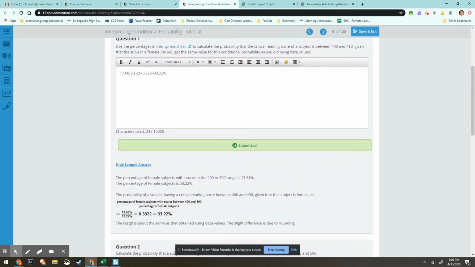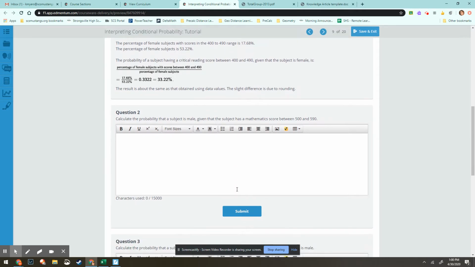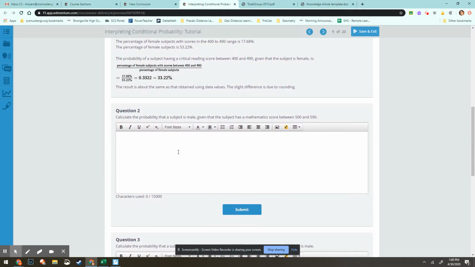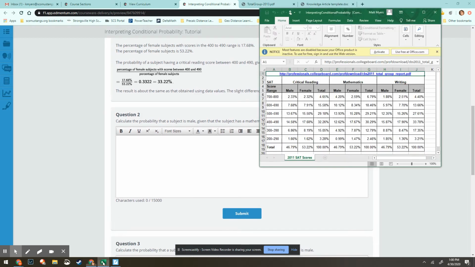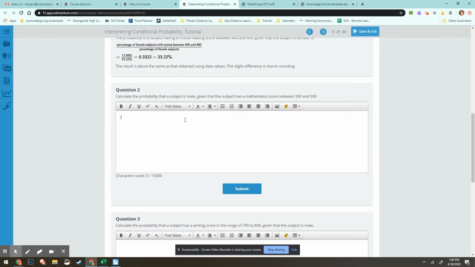And if we were to use data values, we would get the same thing. It might be a little bit different because of the rounding. Okay, but we can do the same thing here. And number two, what's the probability? Calculate the probability a subject is male, given that they have a math score between 500 and 590. So the math score between 500 and 590, that's 29.21% of people. So that's going to be my denominator.